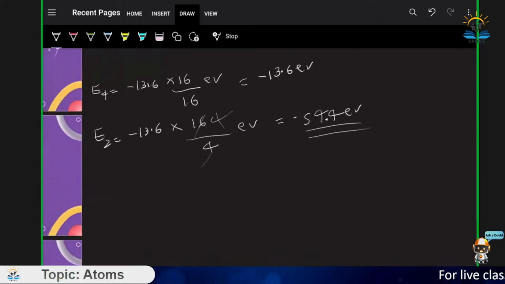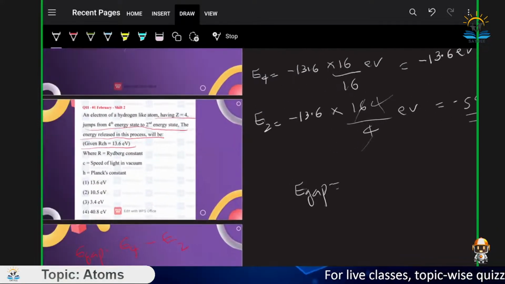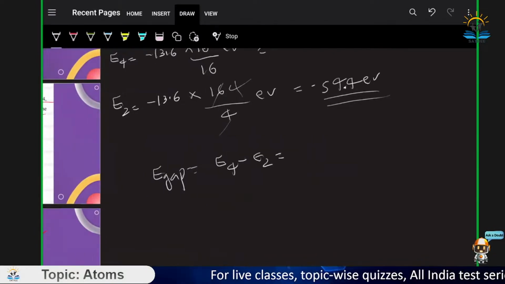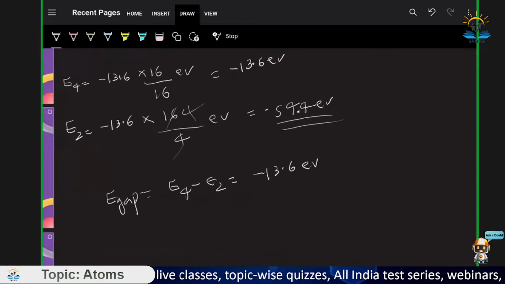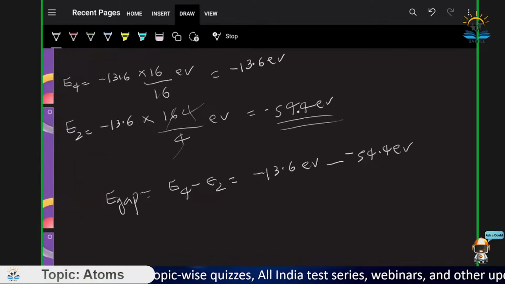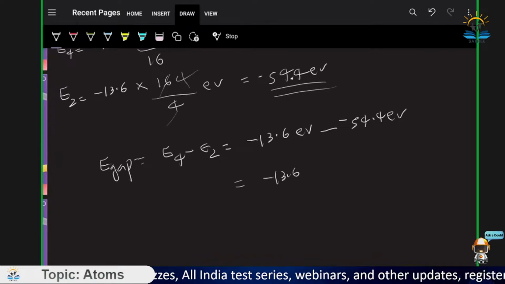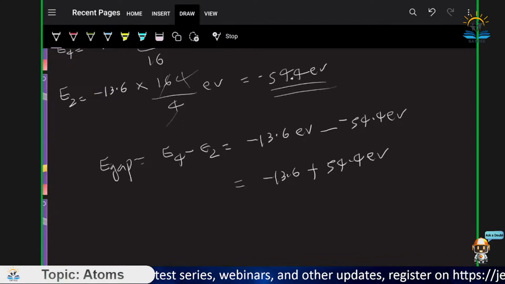So the energy gap, or energy released in this process, will be E4 minus E2. That is minus 13.6 electron volt minus, minus 54.4 electron volt. This will be minus 13.6 plus 54.4 electron volt.